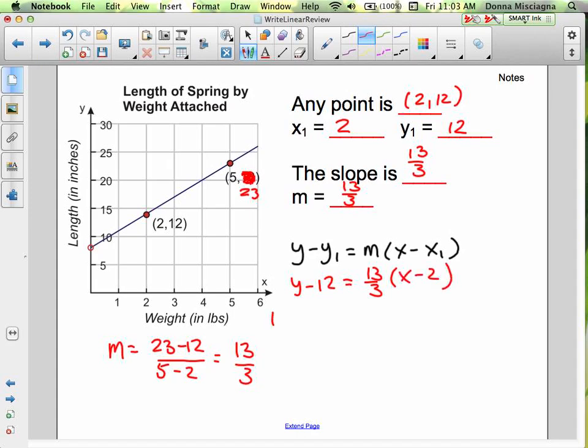And then if we want to isolate y, we're going to add 12 to both sides.